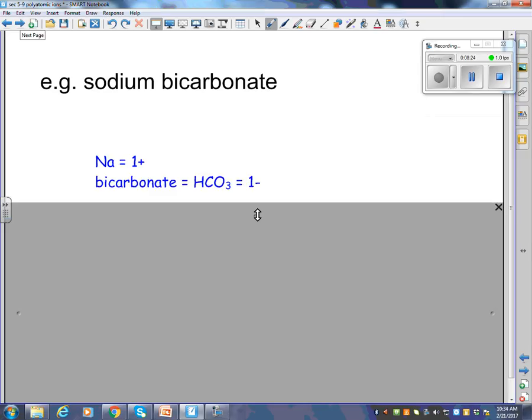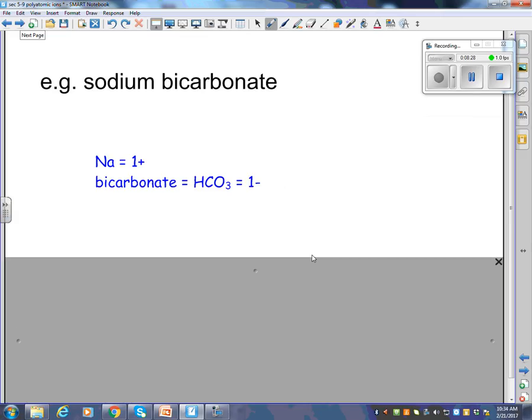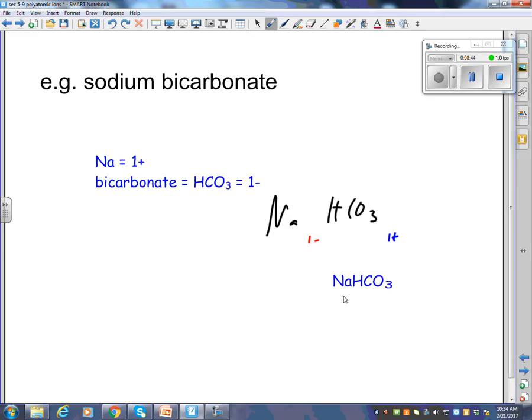So when I do the crisscross, Na, HCO3, this is a 1 positive, this is a 1 negative. When you crisscross them, they're both 1s, right? So you don't need to write it, so it's just going to be NaHCO3, sodium bicarbonate.